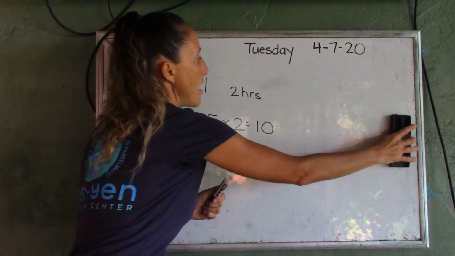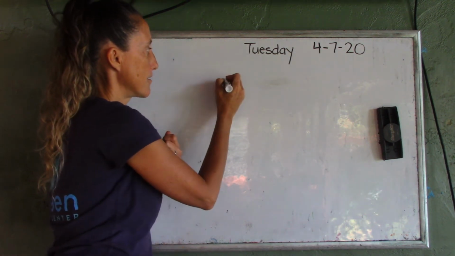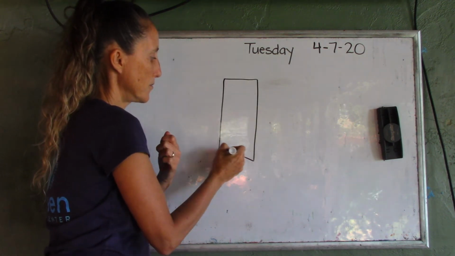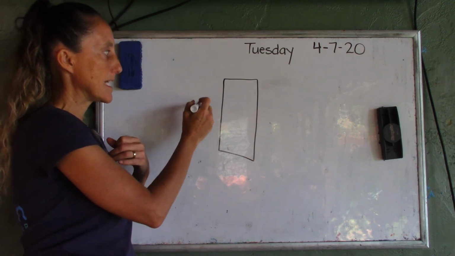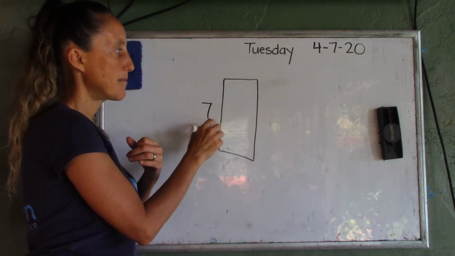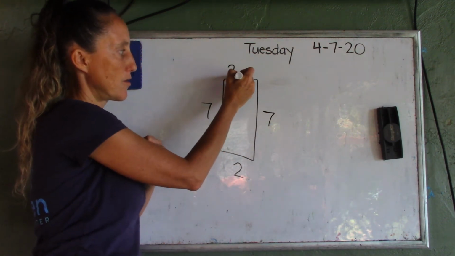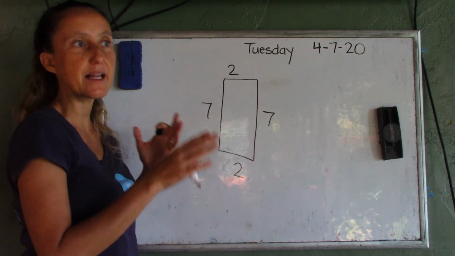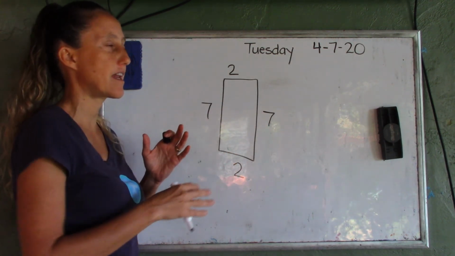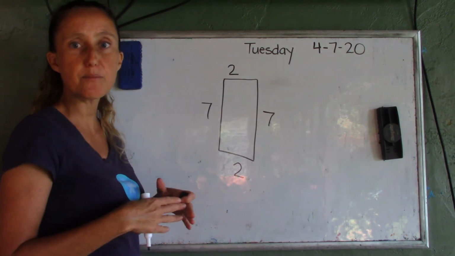All right. I'm going to draw a rectangle. Here's a rectangle, and I'm going to say that it is 7 centimeters long and 2 centimeters wide. Let's pretend it's a rug that I want to get, and I want to put tape all around the edges. So I need to find the perimeter.